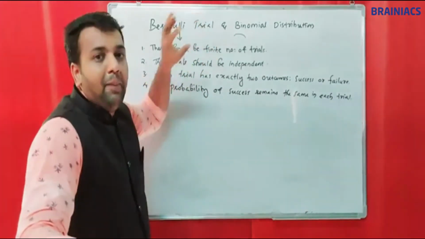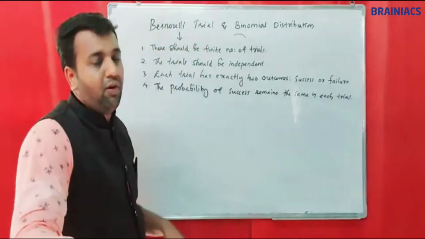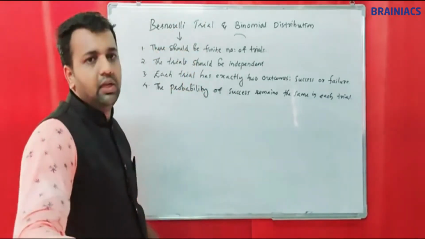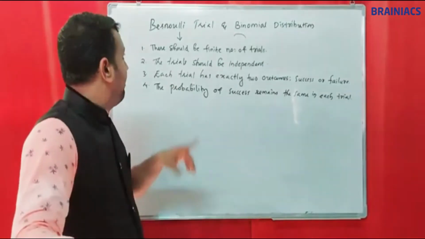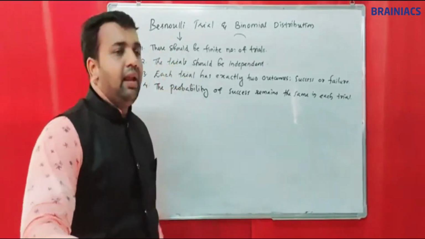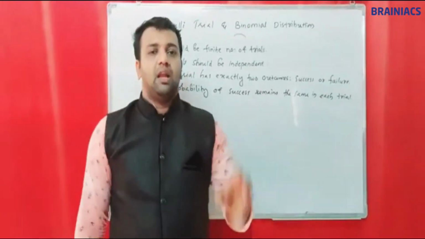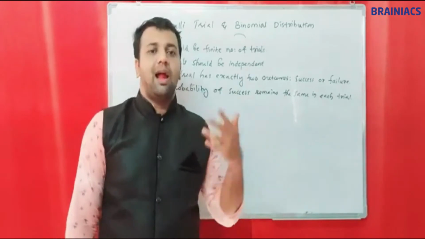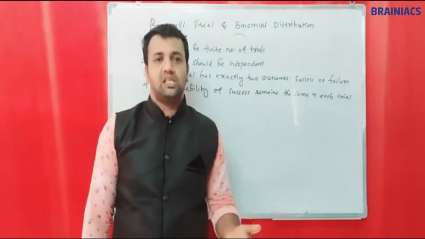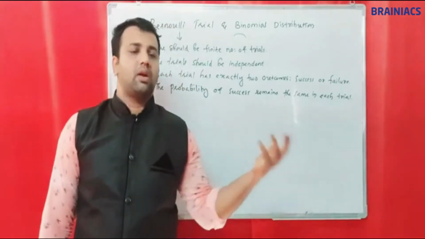This trial follows some conditions. The first one: there should be a finite number of trials. That means the number of trials must be a finite number, for example 10 trials, 100 trials, 50 trials, 3 trials, 4 trials.